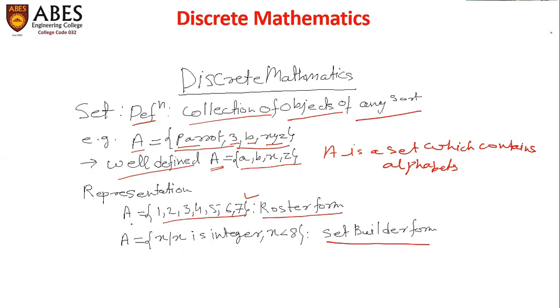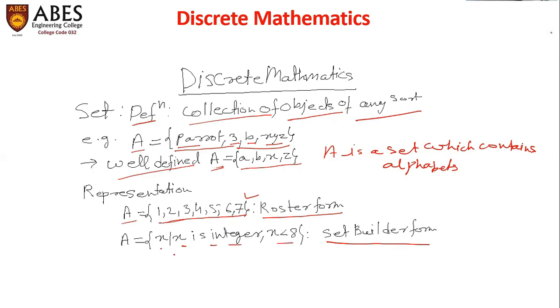Here I am taking an example. This is the previous example, which contains the integers less than 8. So we can write it in set builder form as x such that x is an integer and x is less than 8.